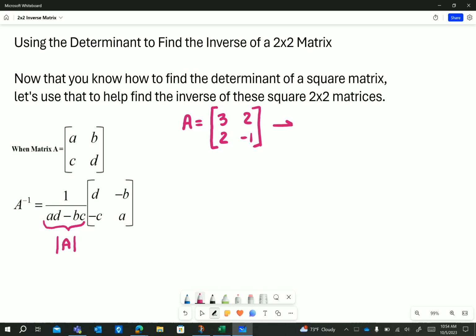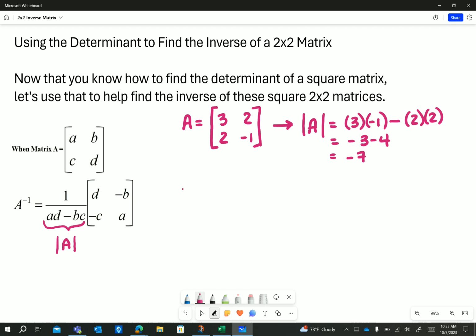So first of all, we're going to find the determinant of A. The determinant says that we take 3, multiply it by negative 1, and subtract the multiplication of the other diagonal. So we get negative 3 minus 4, which is negative 7. That's my determinant of A.